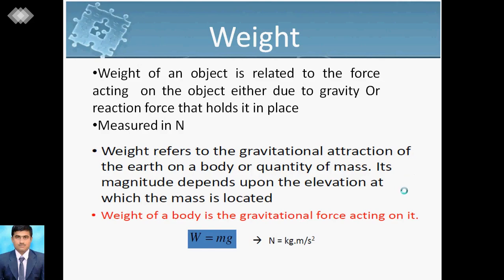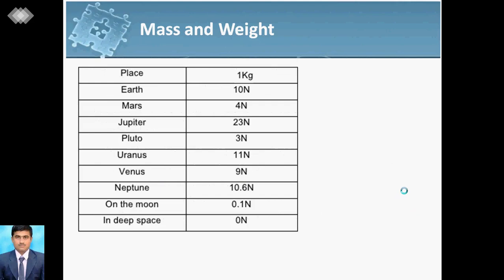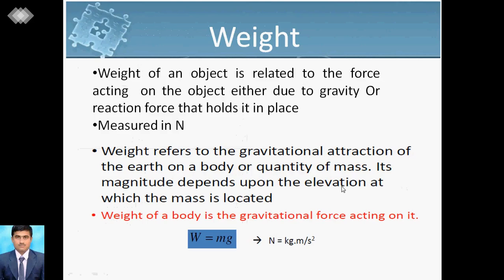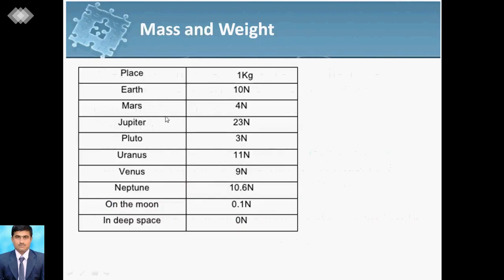Then next we consider mass and weight. So here the chart indicates the place and here indicates mass. So always remember that mass is constant but weight changes according to the places.